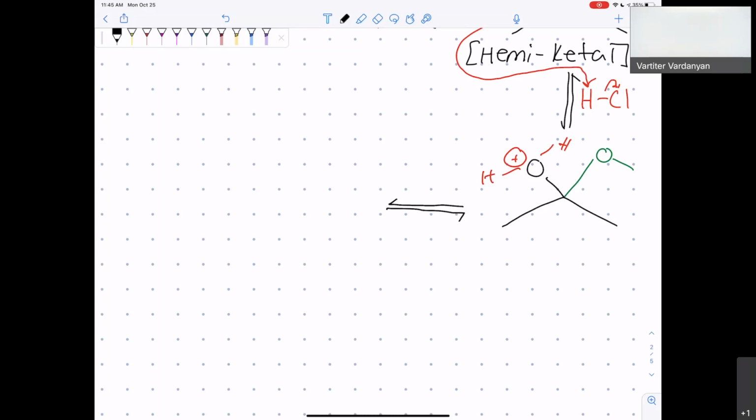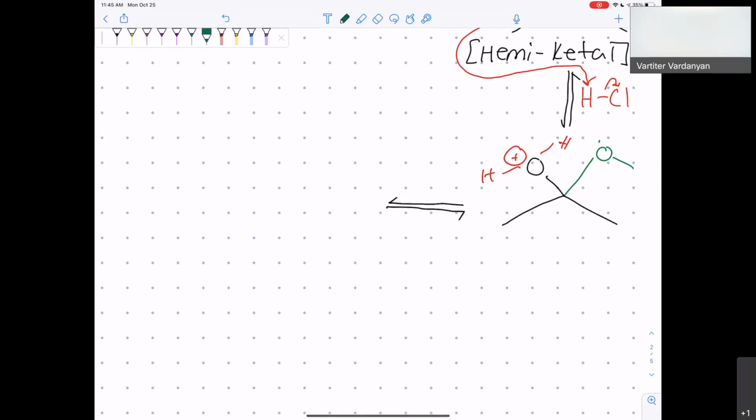How could we make the leaving group leave? Nope. Good thought, but nope. We're going to do that eventually, but we don't have a carbonyl. That's the one. Okay.